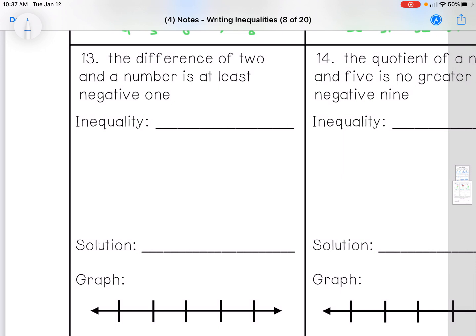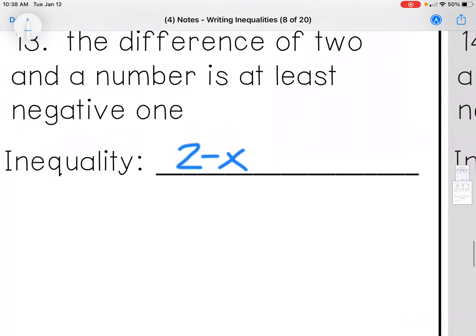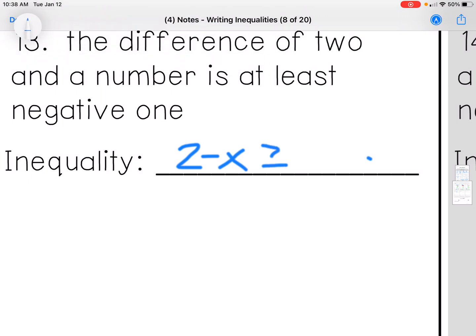13, the difference of 2 and a number. So the difference, 2 minus x, is at least -1. Is at least -1.